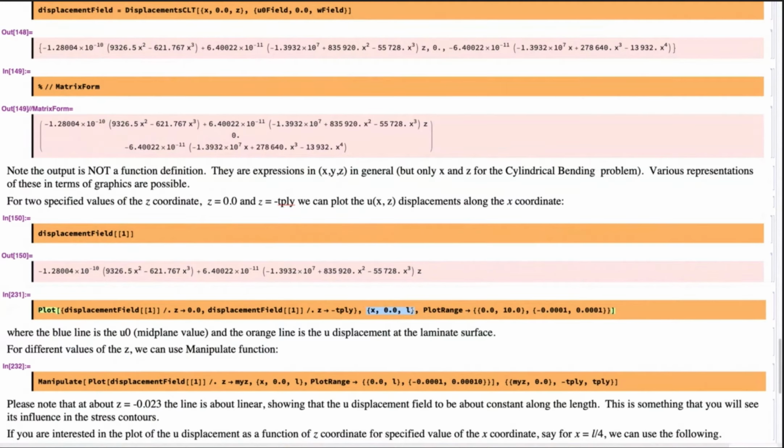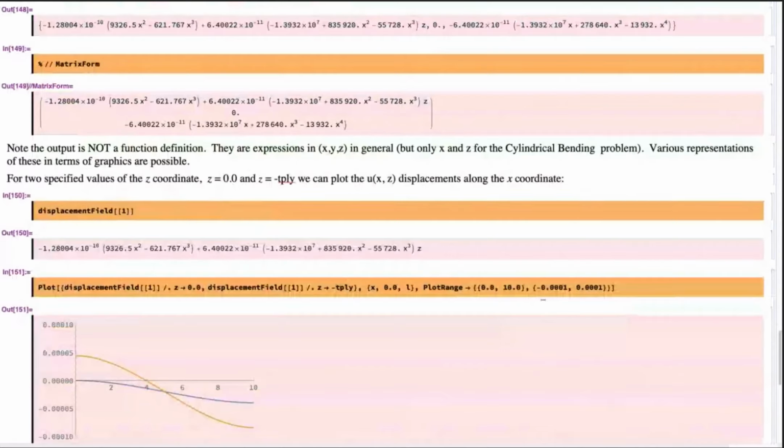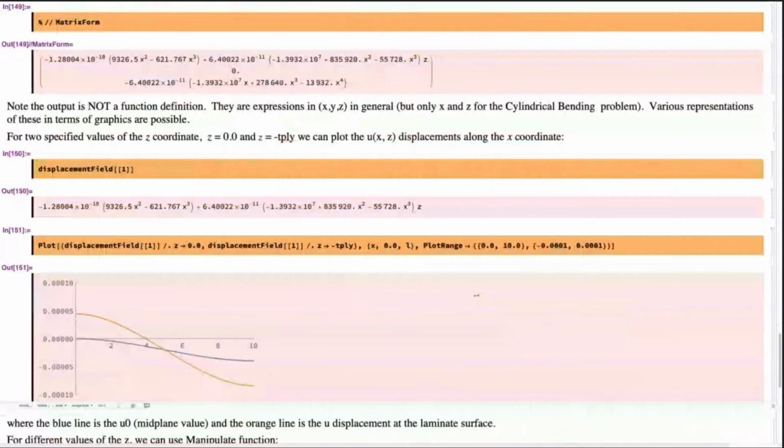And I'll make this plot as a function of X along the length of the plate. So I'm going to be looking at the U displacement of this plate in the u direction. Once at the midplane z equals 0, once at the z t ply, which is half laminate thickness above. And this is the plot range. This is the u displacement.